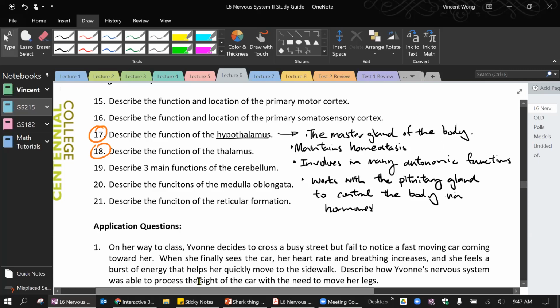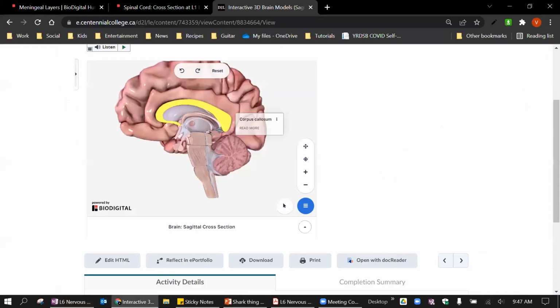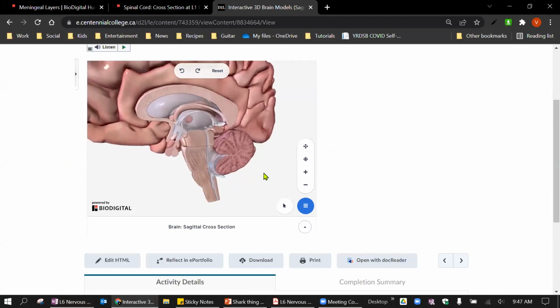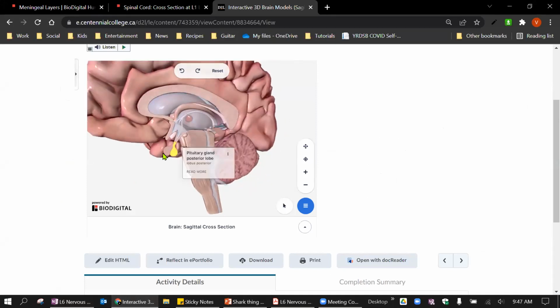I'll come back to this page in a second. I just want to show you where it is. There is the hypothalamus, and then that's the pituitary gland. You have the anterior and posterior pituitary gland, and that's the hypothalamus. So the two actually work together, and it secretes hormones.